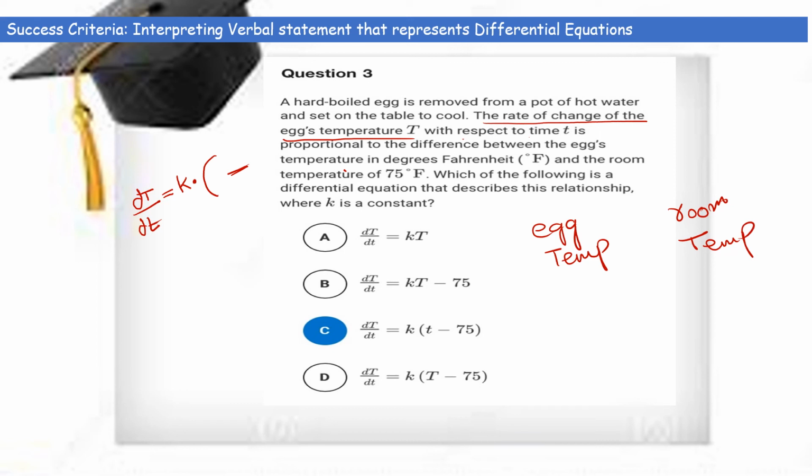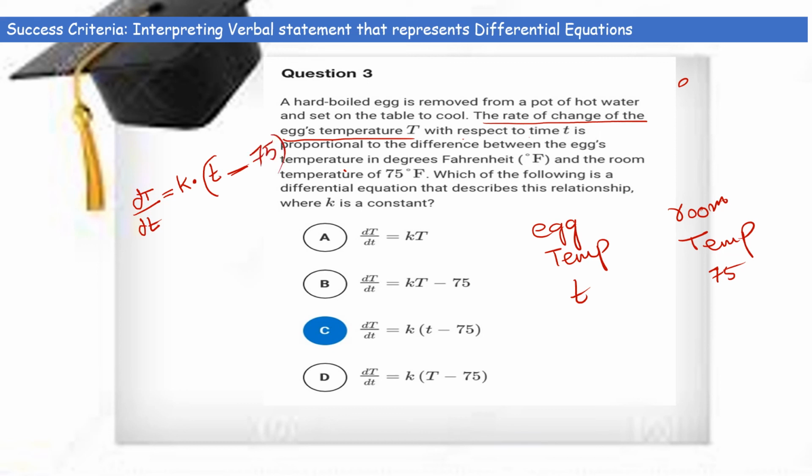The egg temperature is denoted by small t, and the room temperature is 75. So difference means minus: first the egg temperature, t, minus the room temperature, 75.